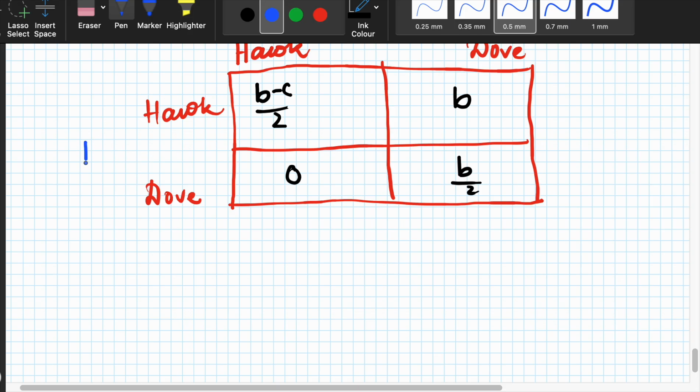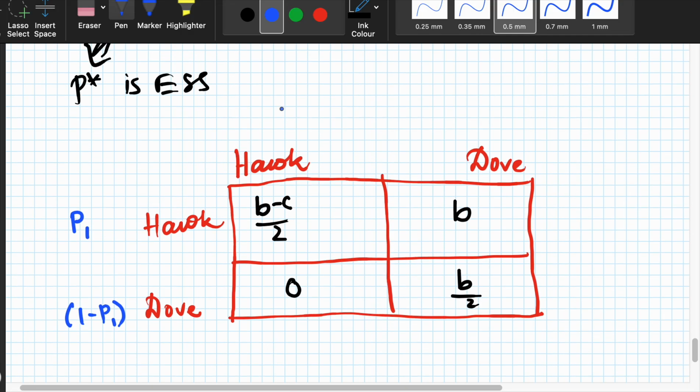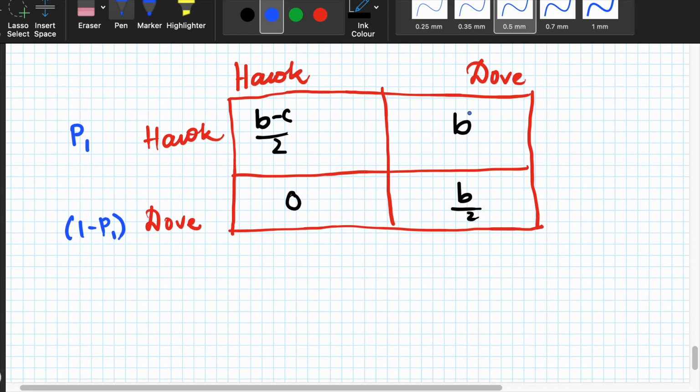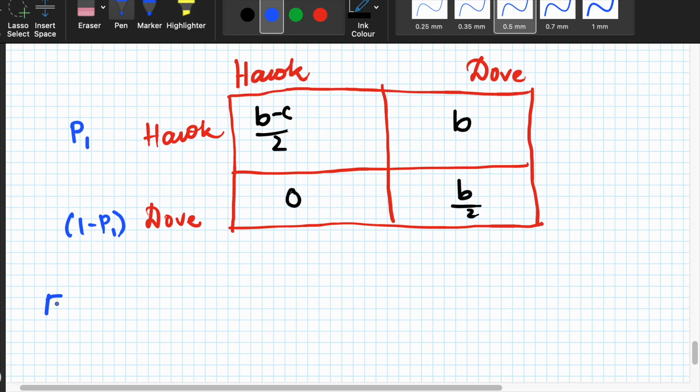A player with strategy p1 means that with probability p1 it will play Hawk, and with probability 1 minus p1 it plays Dove, against a player with p2 and 1 minus p2. What is the expected payoff player 1 gets when it is playing against p2?